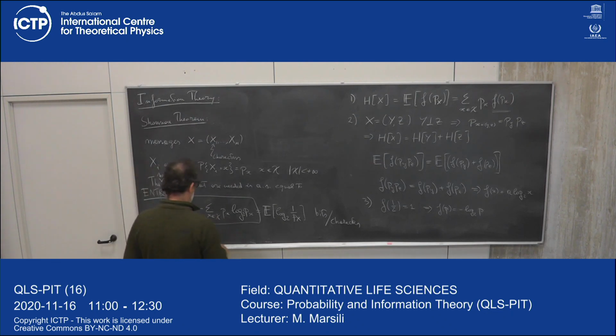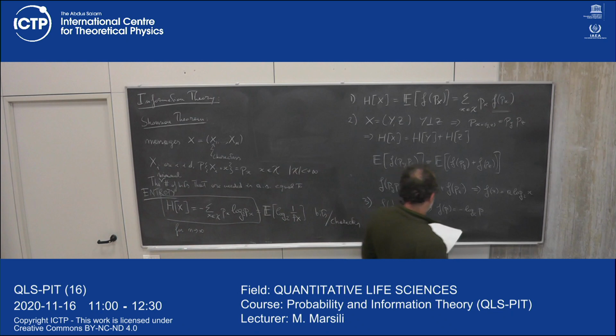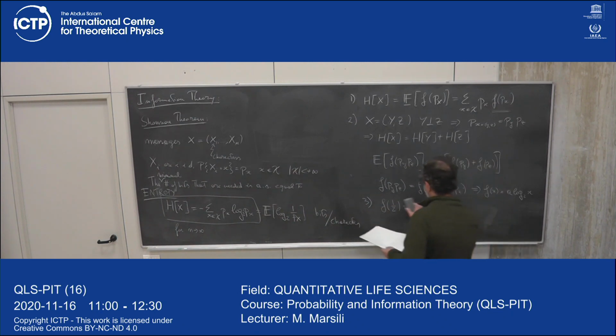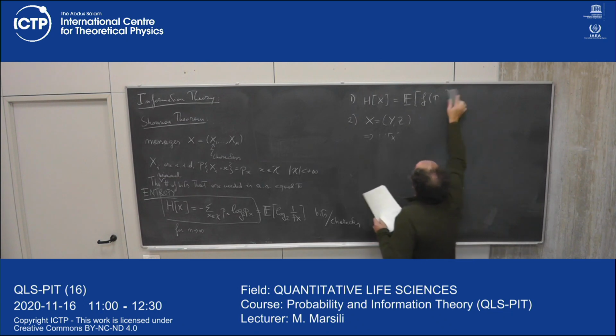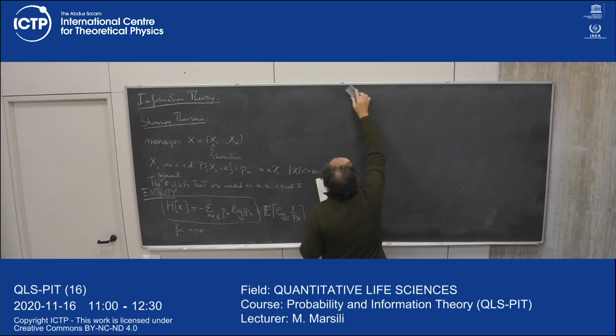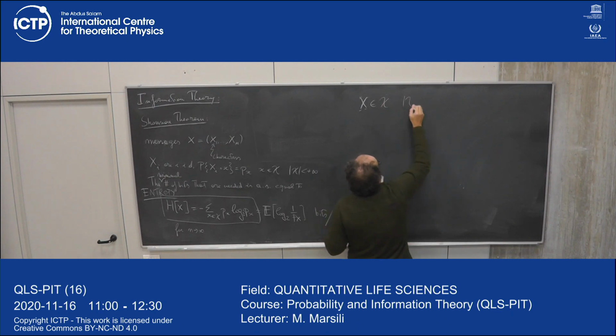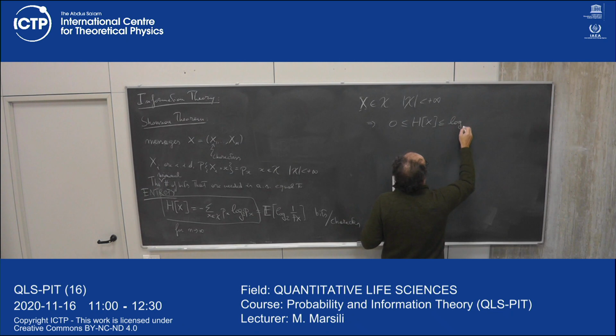So, one property of the entropy. If x can take only values in a finite set chi, then the entropy of x must be positive and less than log 2 of chi.